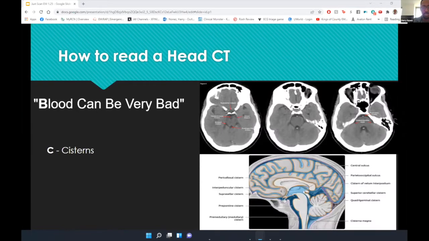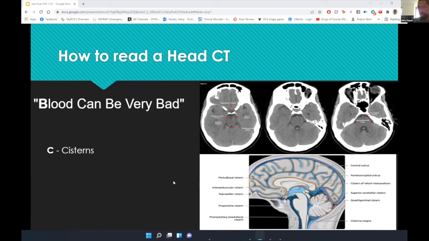The next letter is C, and that's for cisterns. Not many people probably look at this, but the cisterns are not really ventricles, they're outpouchings of the subarachnoid space. When you are looking at a CT brain, you need to look for the four key cisterns. They're the circummesencephalic, which can also be called ambient, as you'll see at the bottom here.